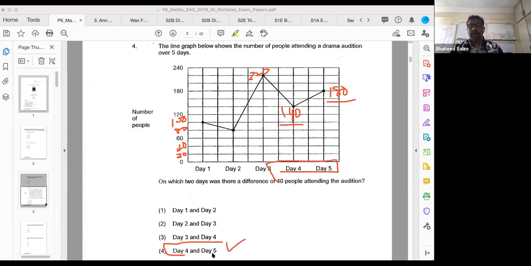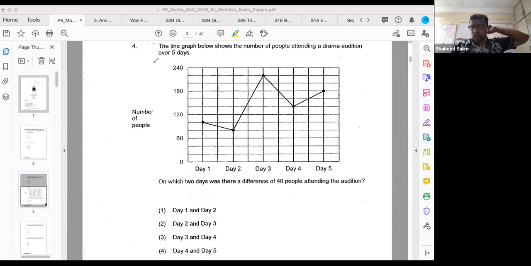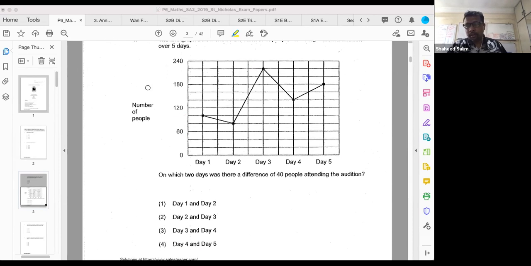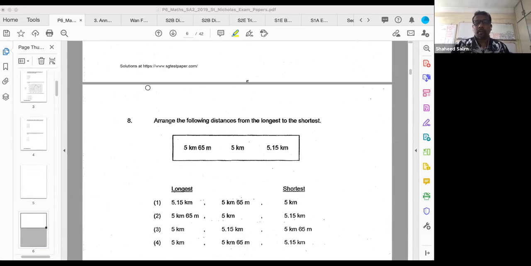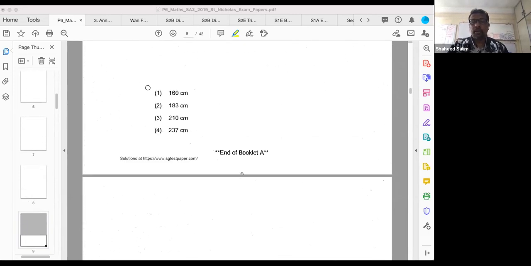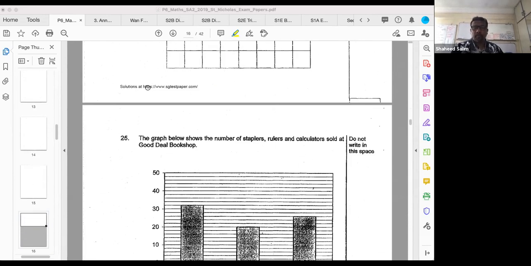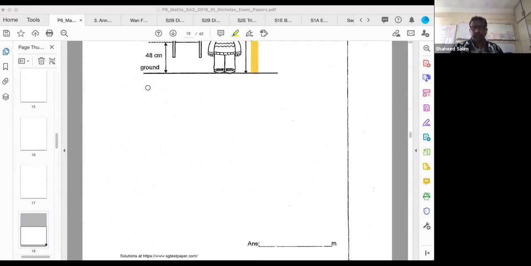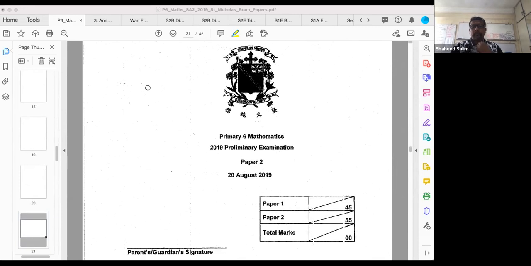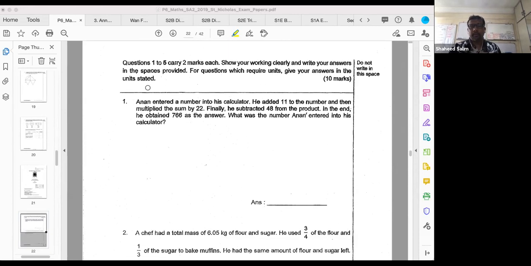I hope this is okay. I feel like showing you now paper 2 question. Can we go paper 2 question? Okay, now can use calculator, paper 2. You can do this. You can do this. This is paper 1. Okay.